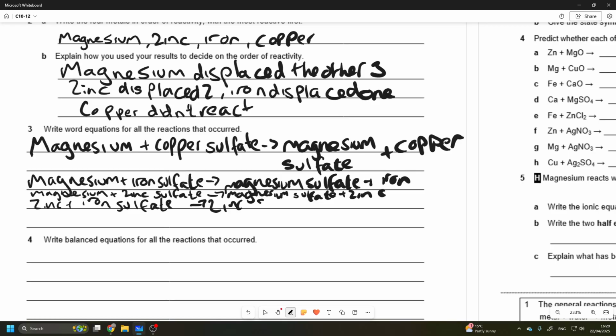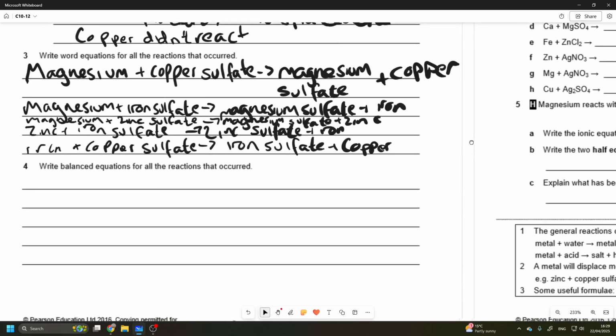That will make zinc sulfate plus iron. I'll do one more. Iron plus copper sulfate. That will make iron sulfate plus copper. Okay, now there's one more I've missed, which was zinc and copper sulfate, but I've run out of lines.